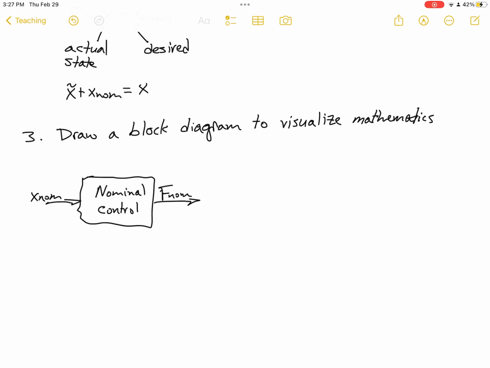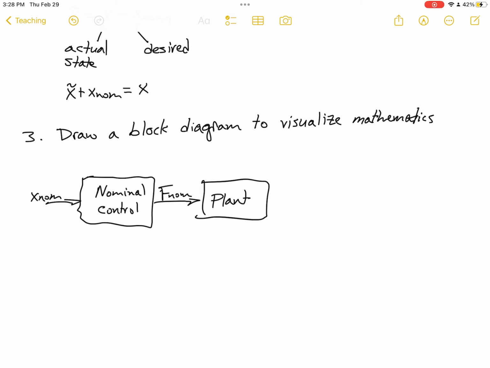Remember, we're trying to pick a force to make a system do what we want. So if we know some x nominal, we do the math, like on the pendulum above, and we get a force. And that force goes into what we call the plant. And the plant is the actual thing that you're controlling. It could be the car, it could be the pendulum. It's the thing that's being modeled. We call it a plant because control systems were actually invented by chemical engineers who were trying to make their chemical plants act the way they wanted them to.